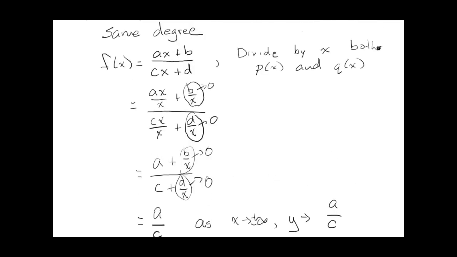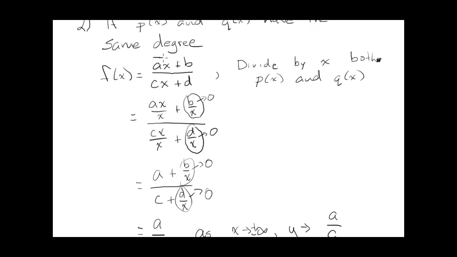But what is a over c? A over c is just the leading coefficients, in this case of x, but that would be whatever highest power you divide by.